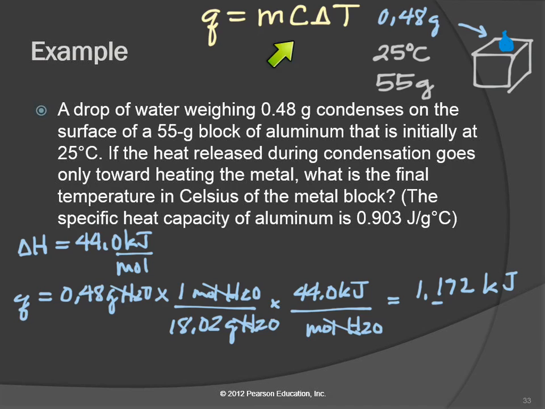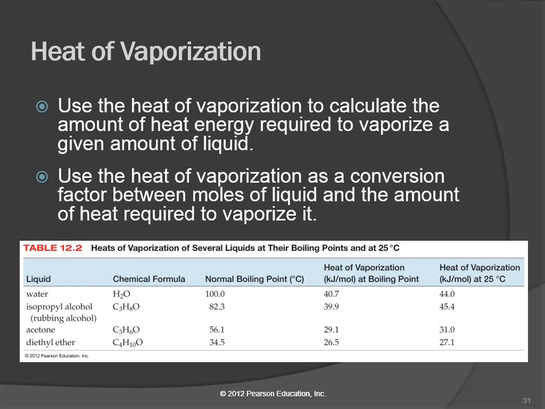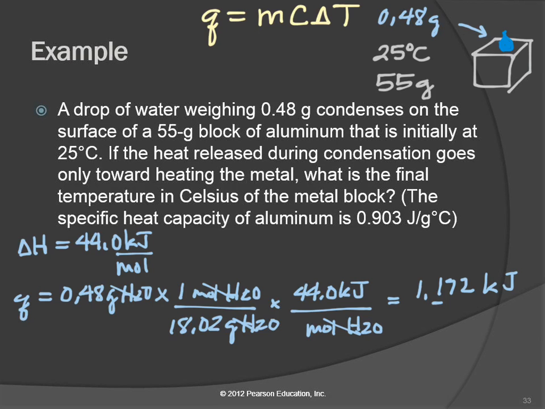So this equation up here, Q equals mc delta T, that's the heat is equal to the mass times the specific heat capacity of the aluminum, which they gave us right here, times the change in temperature. And they want to know the final temperature of that block of aluminum.